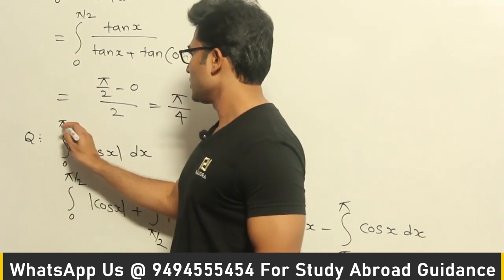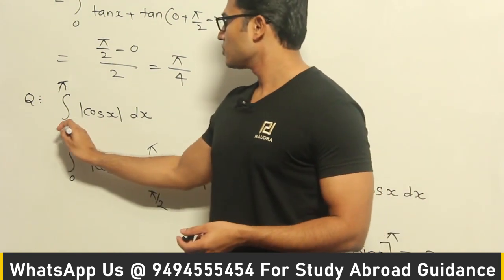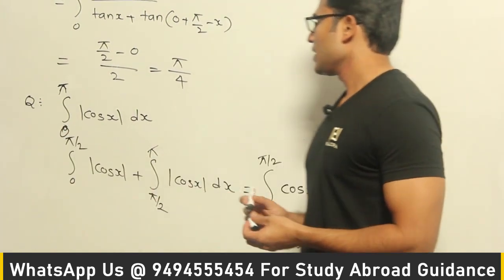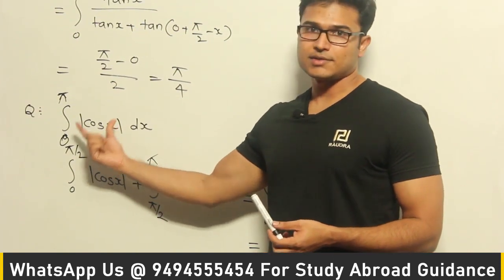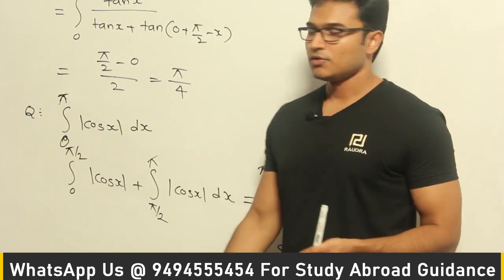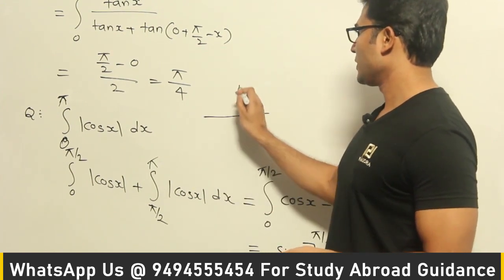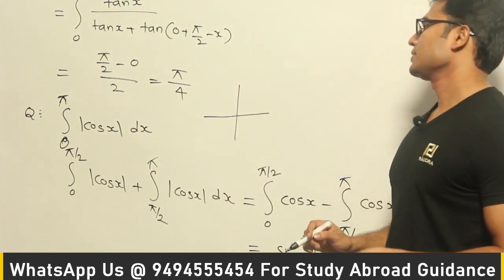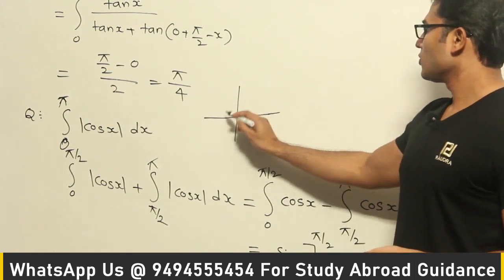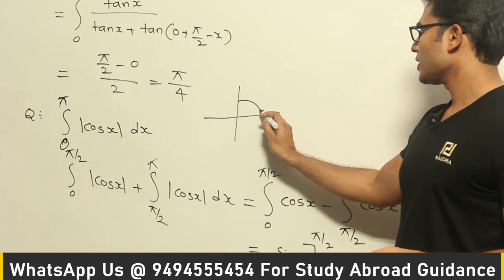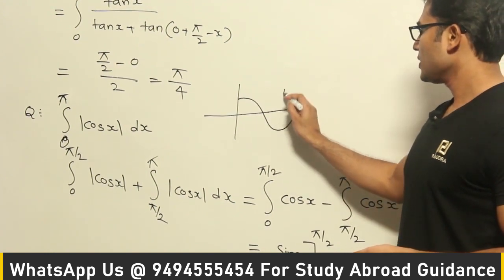Integral 0 to pi mod cos x dx is given, right? Now here we don't know what the value of mod cos x is. It can be positive or negative, right? So if you look at the behavior of the function cos x from 0 to pi, at 0 it is going to be here, at pi by 2 it is going to be here, and at pi it is going to be here.